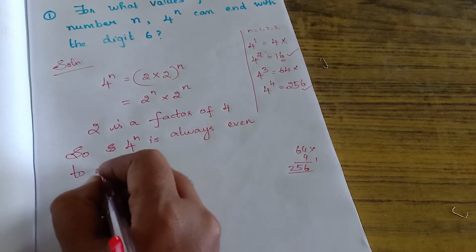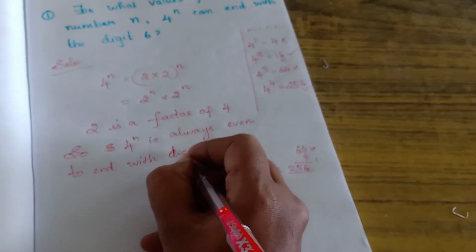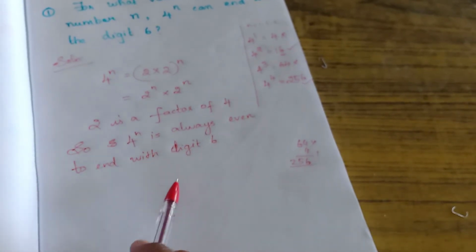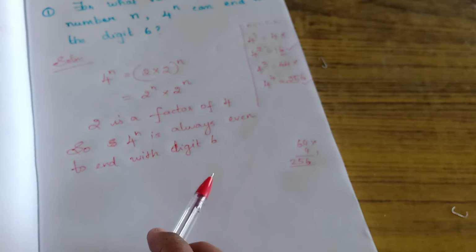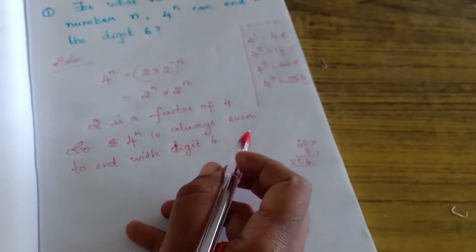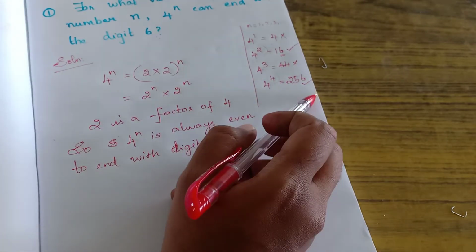To end with the digit 6, 4 power n must be even. So when n is an even number, 4 power n is always an even number, ending in 4, 6, 4, 6.